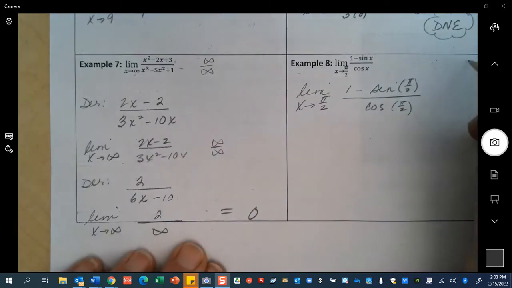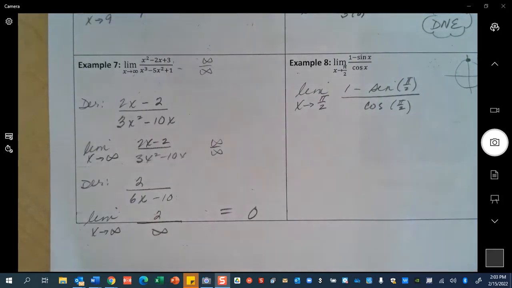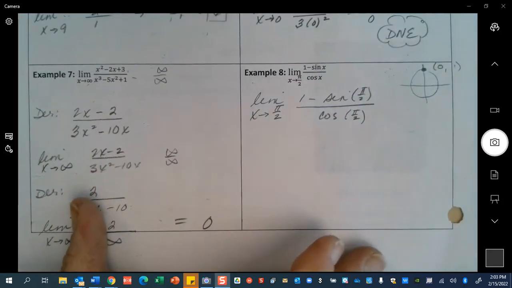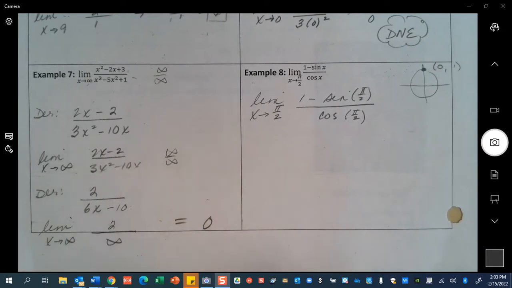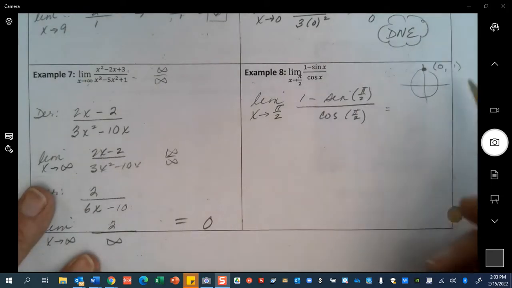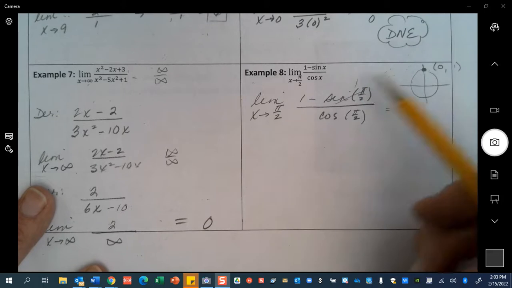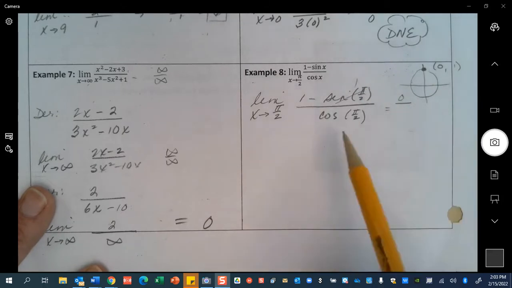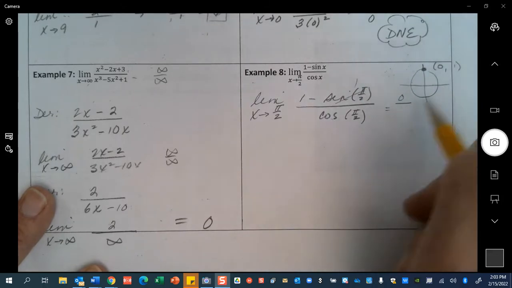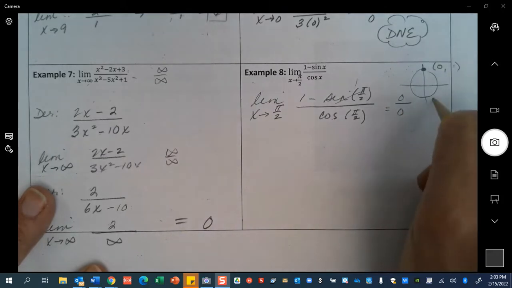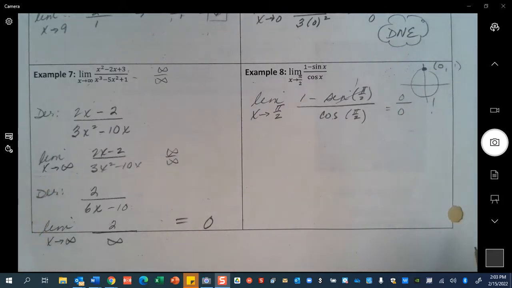So if I go back to my unit circle, pi over 2 is this guy up here. Cosine 0, sine 1. So when I go to calculate that, the sine of pi over 2 is 1. 1 minus 1 is 0. The cosine of pi over 2 is 0. And that's my indeterminate form.